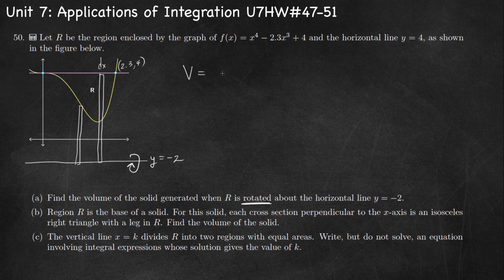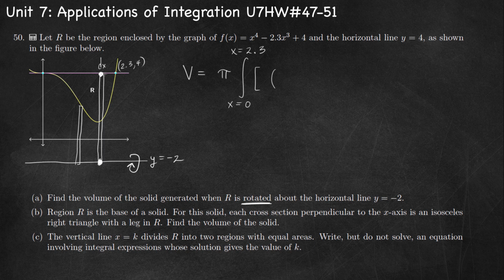Volume equals pi times the integral. This is a dx problem, so we're going from x equals 0 to x equals 2.3. And then we have our outer radius, which is a vertical distance. So we do the top y minus the bottom y.